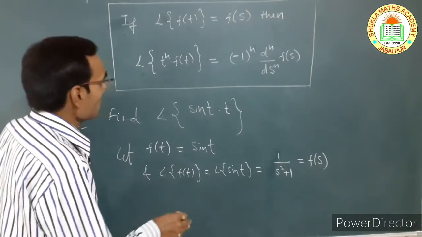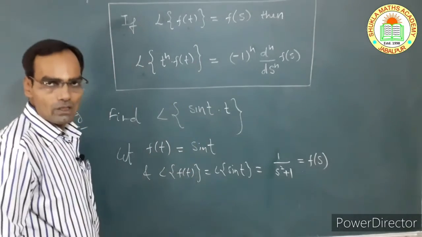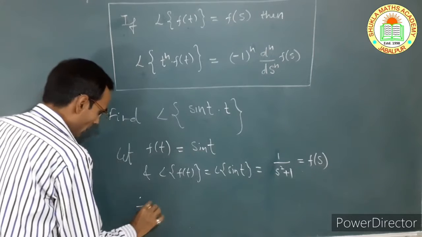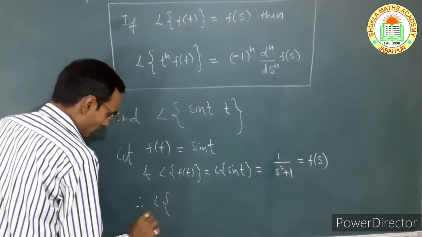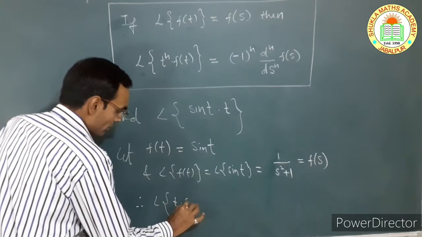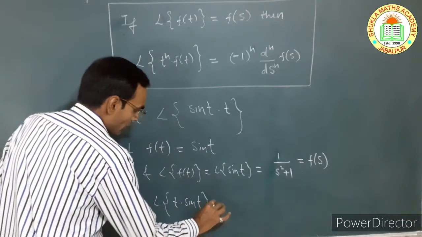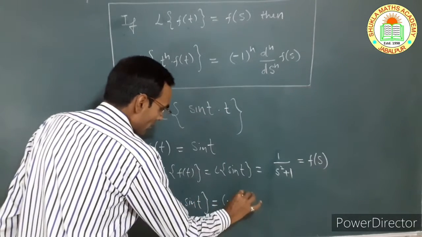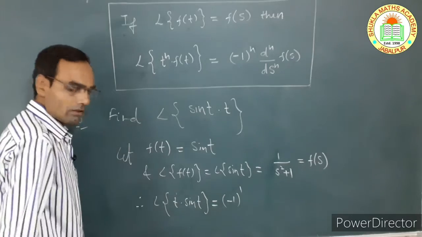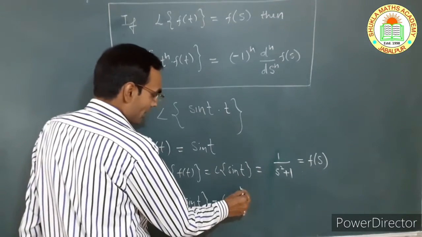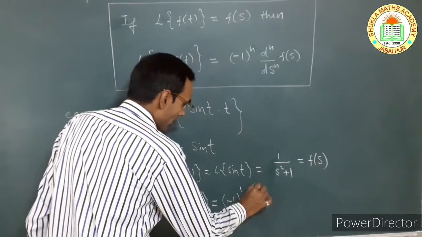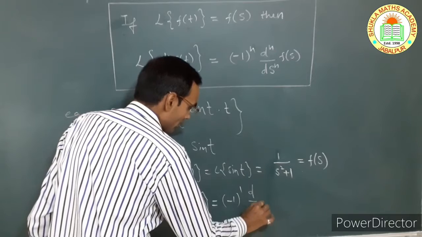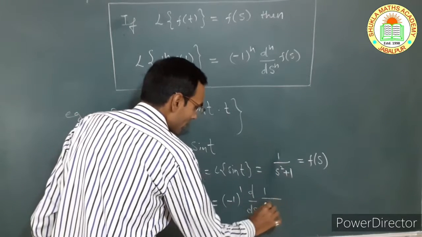After that, by using this property of multiplication by t raised to n, the Laplace transform of t into sin t becomes minus 1 raised to 1, because t is raised to 1 here, so n is 1, and the first derivative d upon ds of F(s).